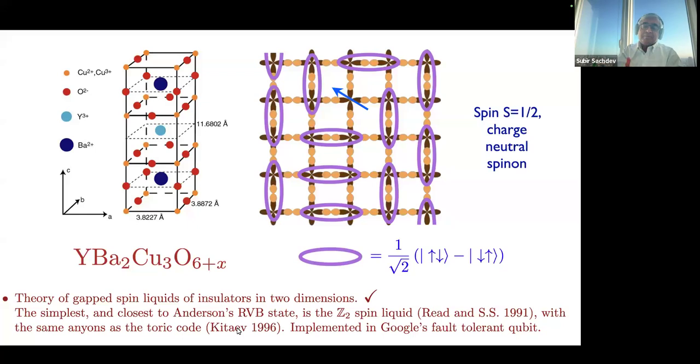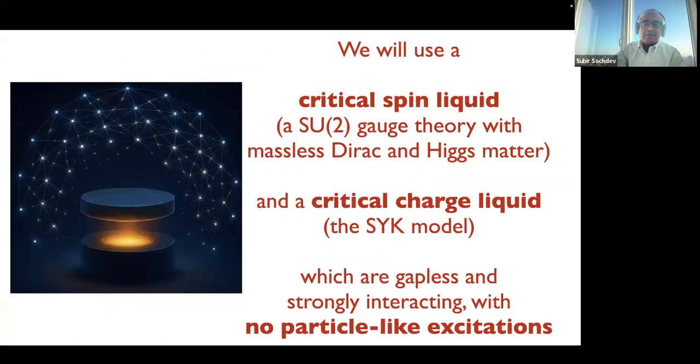But these particular ideas, in particular these types of states, have really not led to too much insight into understanding experiments on the high temperature superconductors. And so what I want to claim today is that we have to really think about spin liquids of a different type, a critical spin liquid, and also a critical charge liquid, of which the SYK model is a solvable example, which are quite different from the gapped states I just told you about, because they don't have any particle-like excitations.